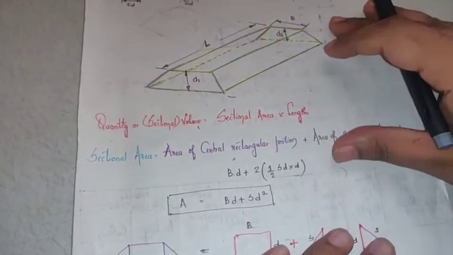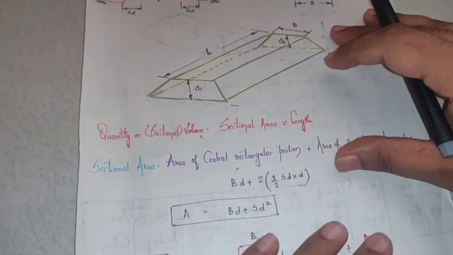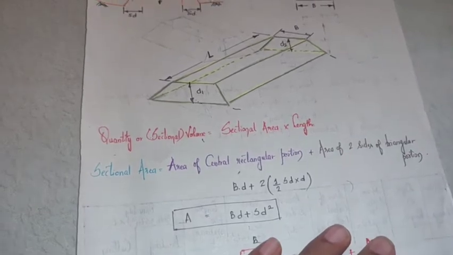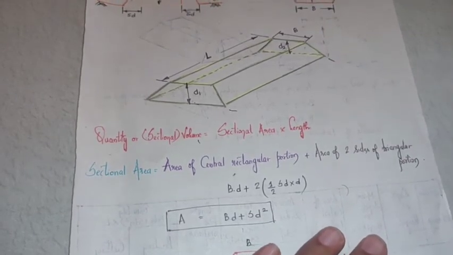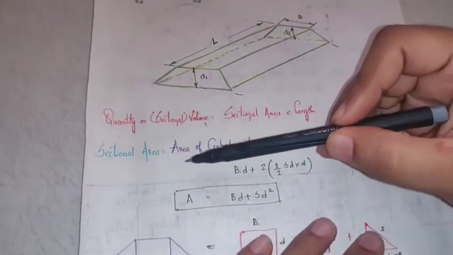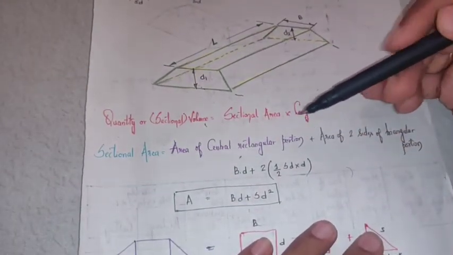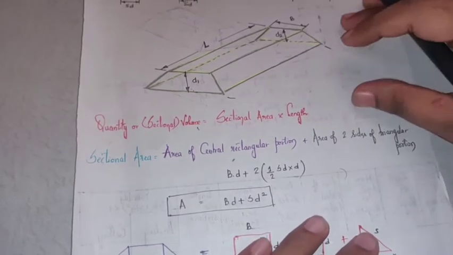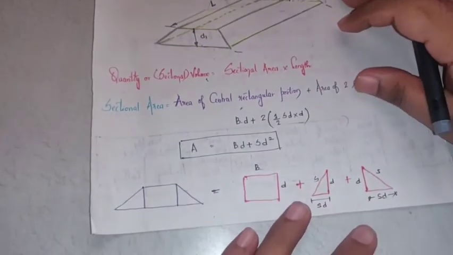The reason for considering the trapezium shape is its simplicity in calculation. The sectional area is divided into the area of the central rectangular portion plus the area of the two side triangular portions. Now what is that? You will see here.